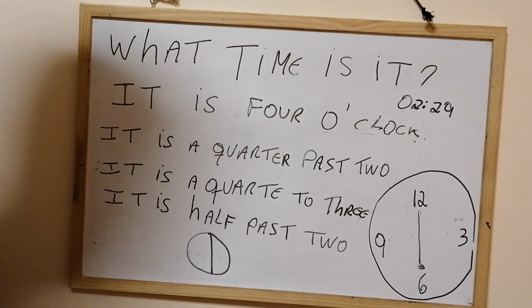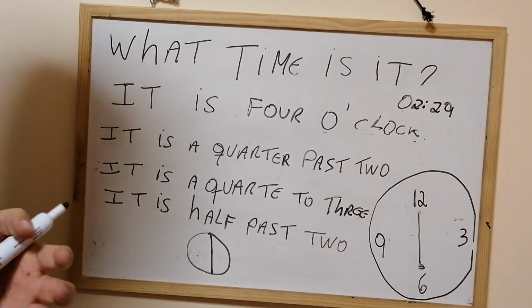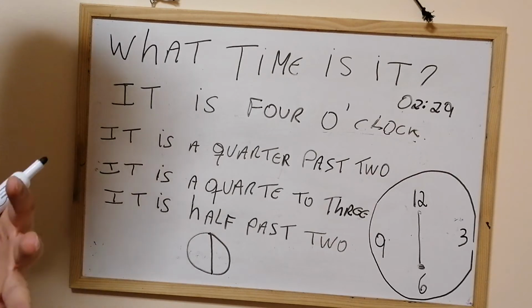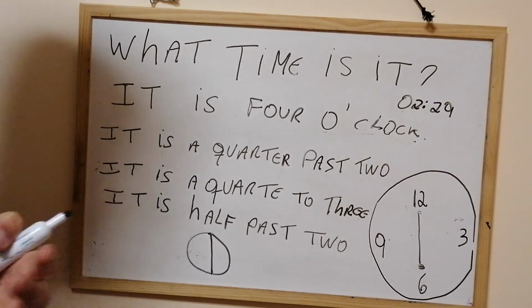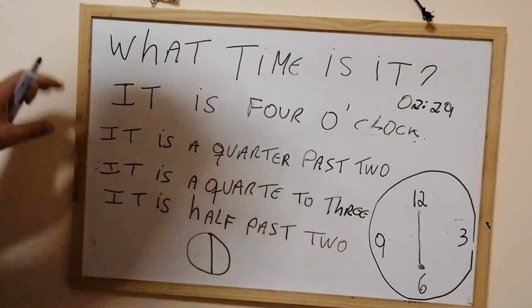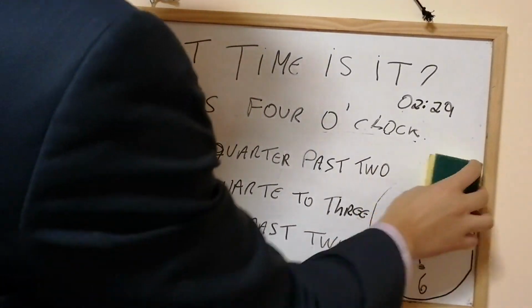You can say that it is half 2 or half past 2. Okay? Or for the next few lessons, when you learn more vocabulary, you could say it's nearly half 2. Okay, these were the very basic today.